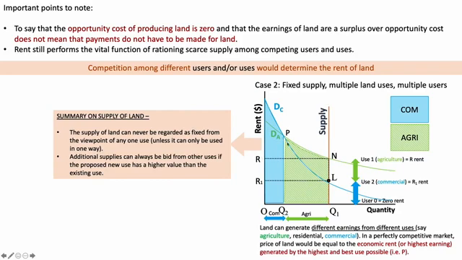Otherwise, if we forcefully do that, we are actually enforcing land to be underutilized for a use which is less productive than a use which is more productive, which we should not do.